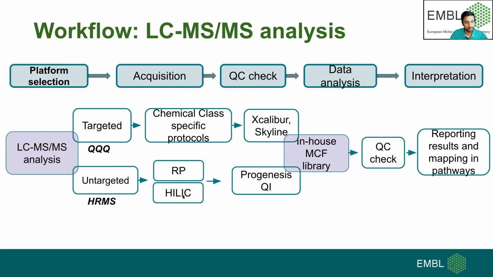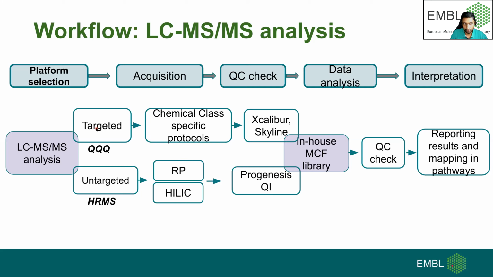So basically in the untargeted, we are discovering. So there are two techniques, reverse phase chromatography and HILIC chromatography. So you basically try to capture polar and non-polar metabolites using both, and then combine this data using the software.